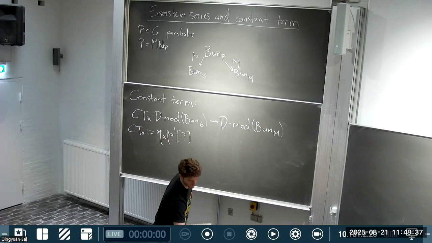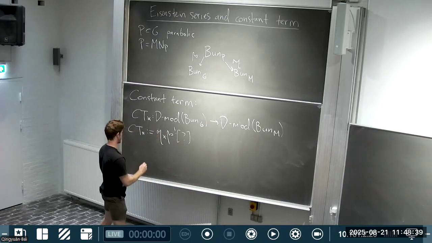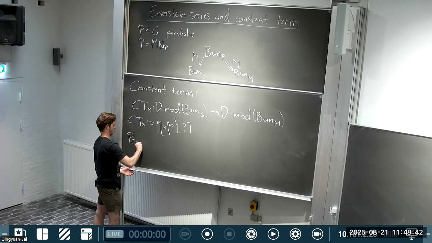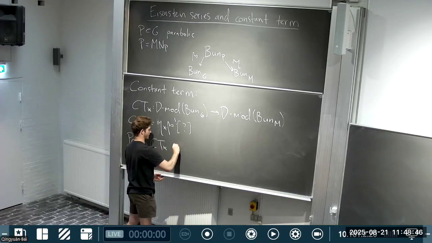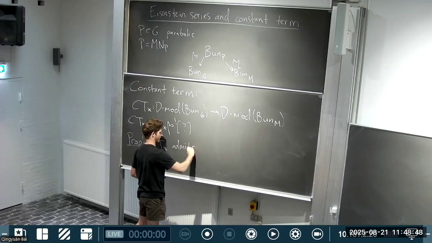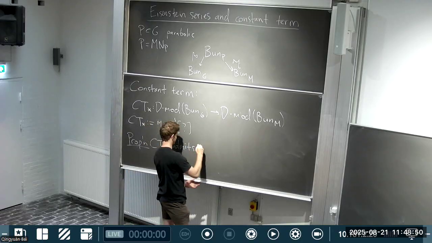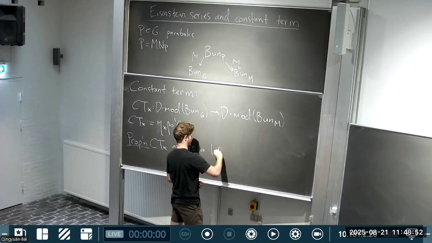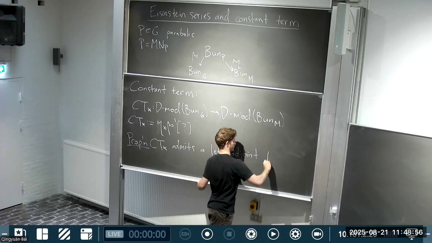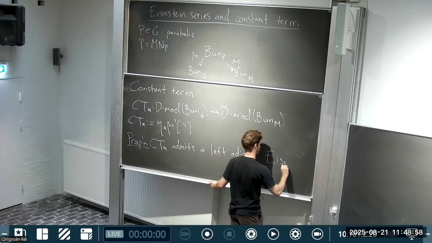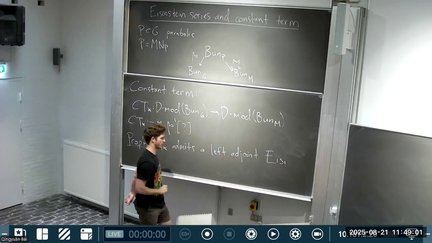And the first kind of non-trivial observation here is that this constant term functor admits a left adjoint. And this, of course, would be the functor of Eisenstein series. We call it Eis little shriek.